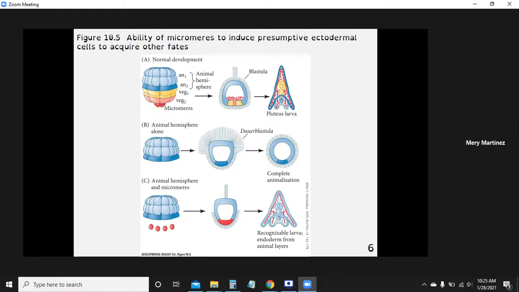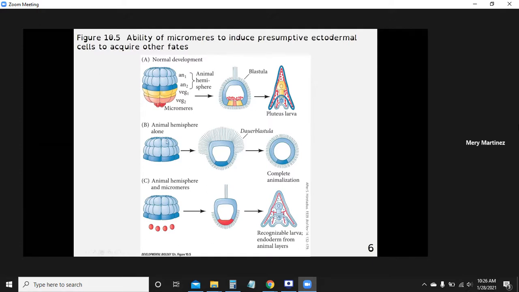In C, we see that if the micromeres are placed with an isolated animal hemisphere, we are missing the VEG1 and part of the VEG2. We're just putting the micromeres, right? So we see in here that we're just missing that section, but we still have the induction of beta-catenin that is contained in these micromeres, and we are able to produce a plate, okay?